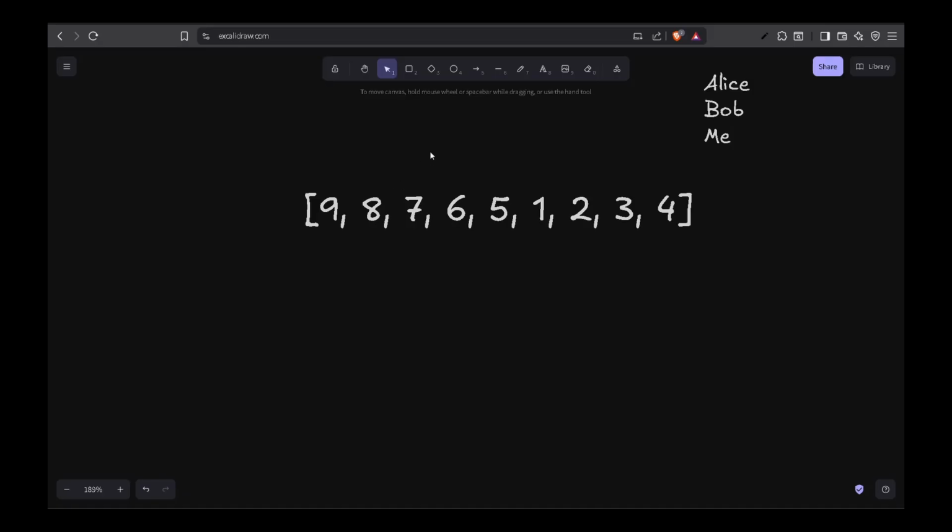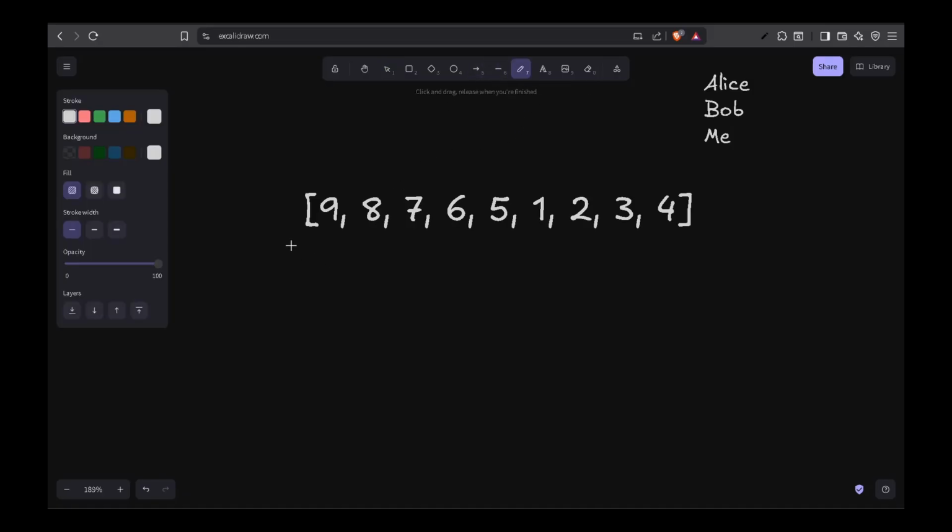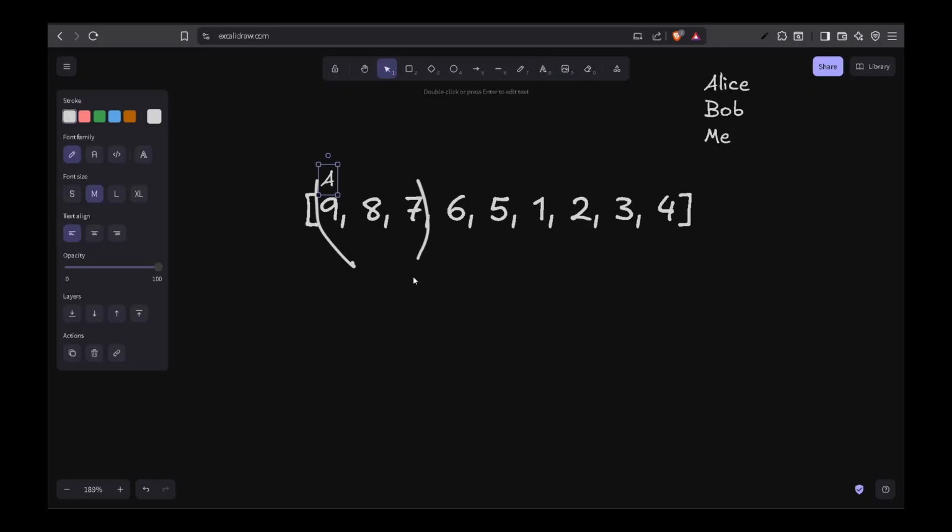That means if I have chosen these 3 piles, the largest is the 9, right? The largest is the 9. That means 9 will be taken by Alice.